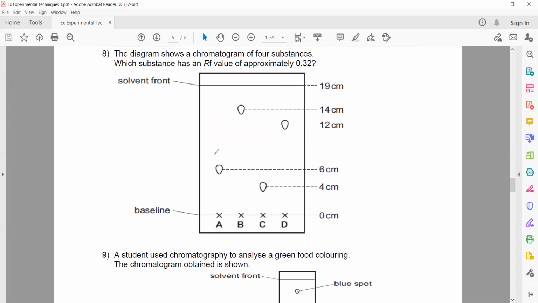For A, it will be 6 divided by 19. For B, it will be 14 divided by 19. For C, it will be 4 divided by 19. And for D, it will be 12 divided by 19. So when we work out, for A, it will come out as 0.32.